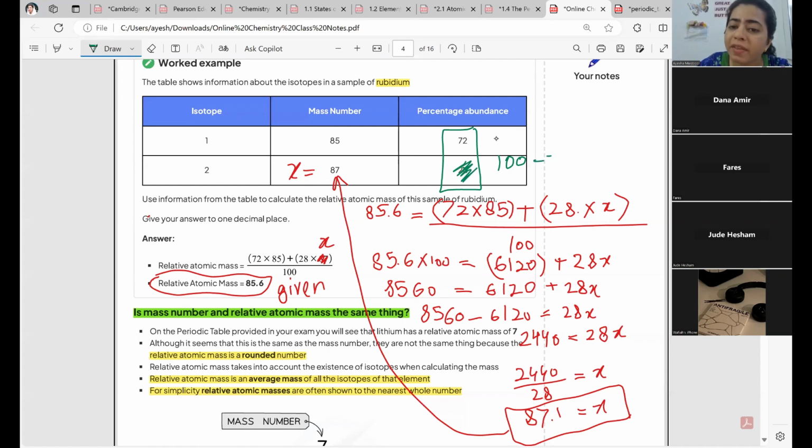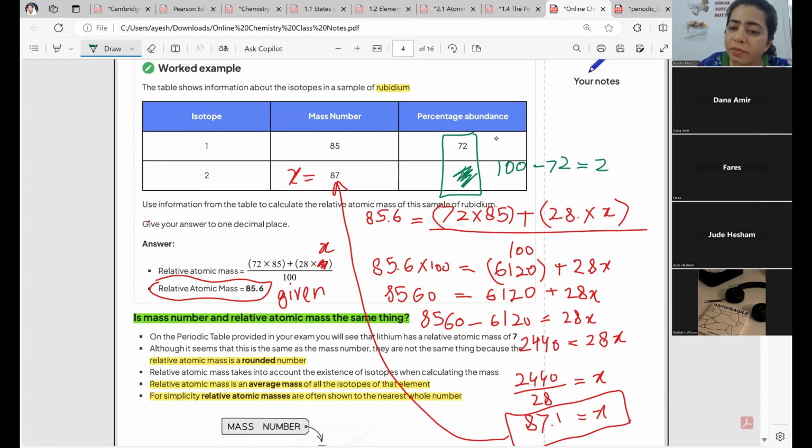So 100 minus 72 will give you 28. That is the second isotope abundance. If 72 is not given, then 100 minus 28 will give you the second one. So just subtracting the percentage from 100 will give you the abundance of the second isotope. But in the case of the mass number, we cannot subtract. We have to do the calculation to get the mass number.